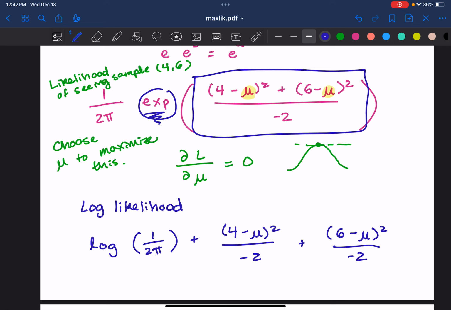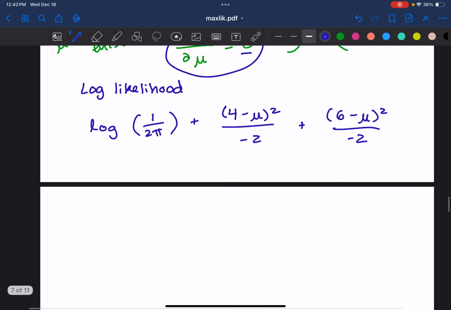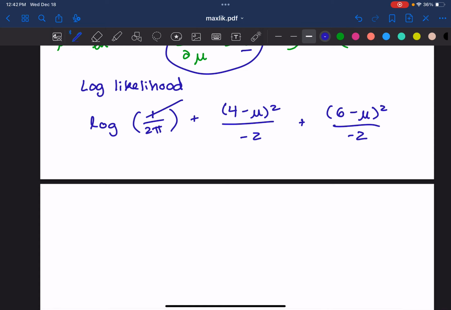And again, I'm going to take the derivative of the log likelihood function with respect to mu, and then set it equal to 0. So let's take the derivative. This part doesn't have a mu in it, so that just goes to 0. And then let's use the power rule and then the chain rule here.